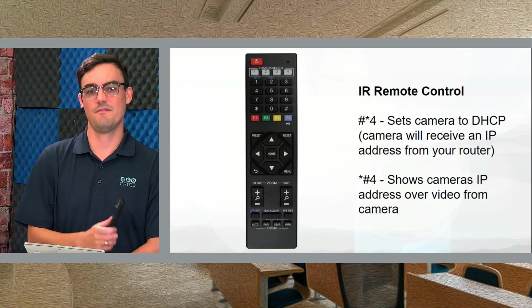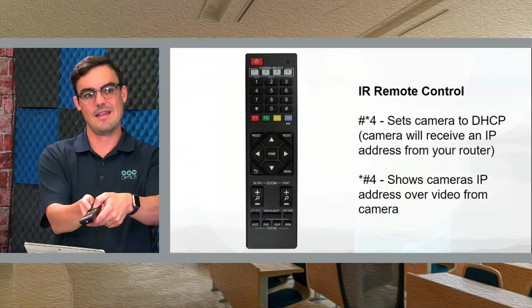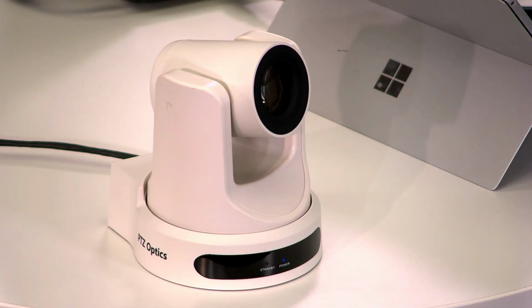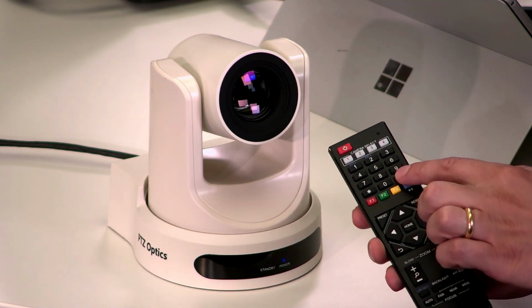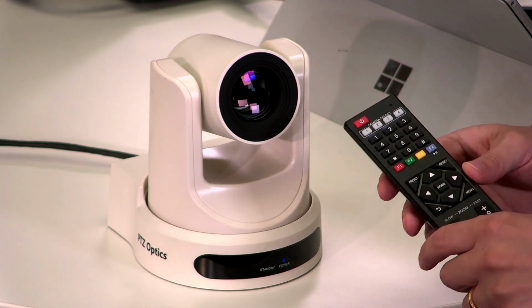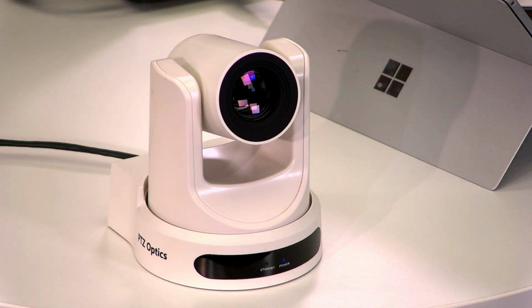So #4, you take your camera. I've got a camera right in front of me here, and we'll show it here on the screen. And I can go up to the camera and I can do #4. I'm not going to do it because I've already done it here. That will reboot the camera and it will set up for DHCP mode.